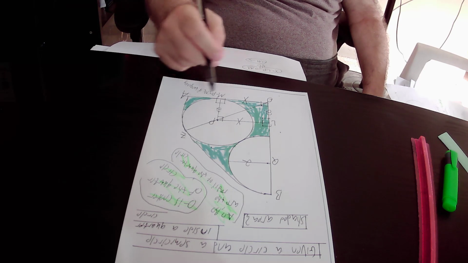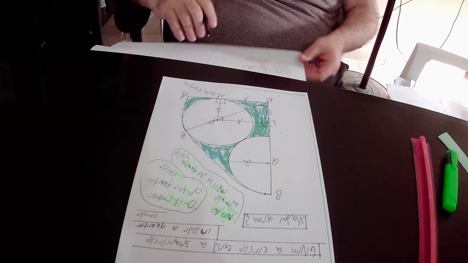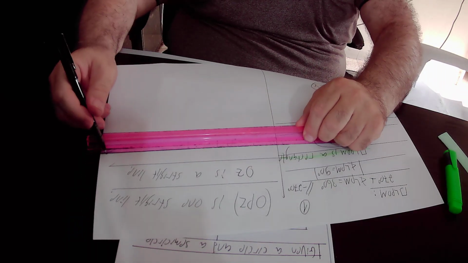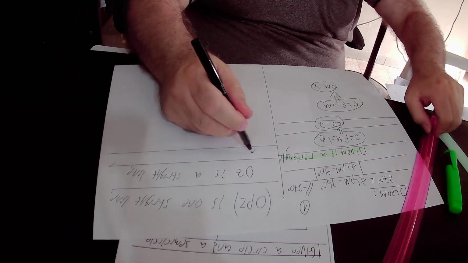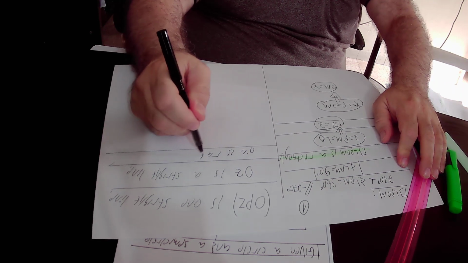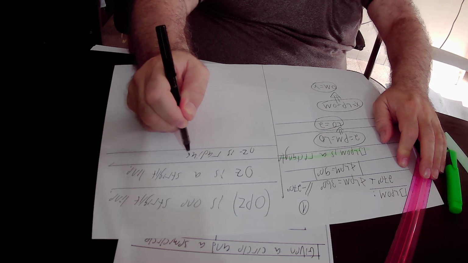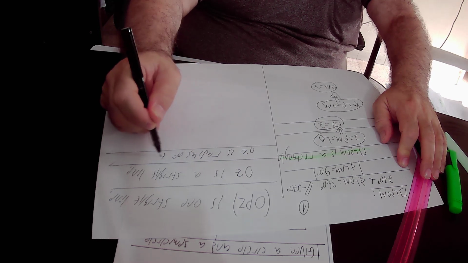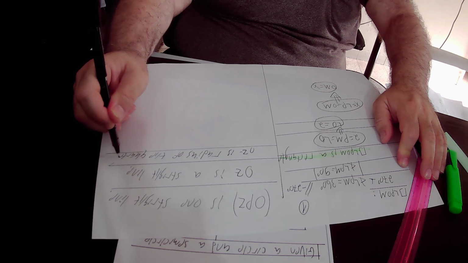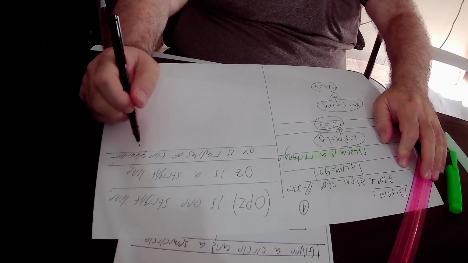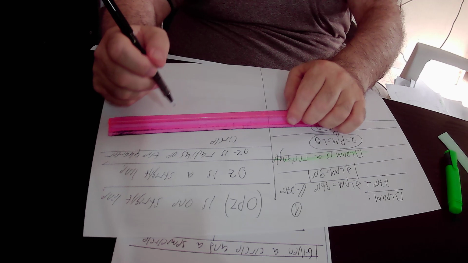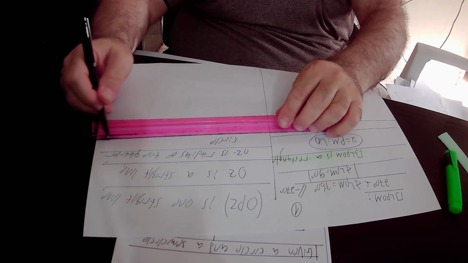That is to say, OZ is the radius of the quarter circle.